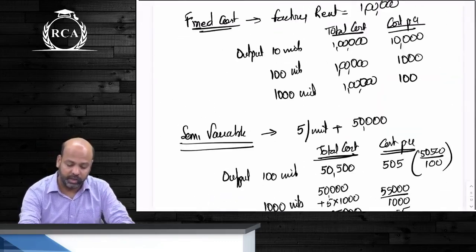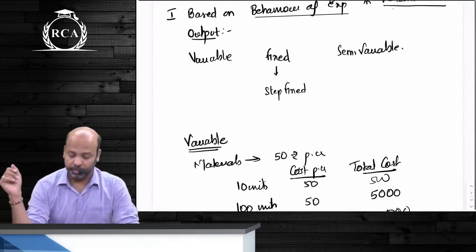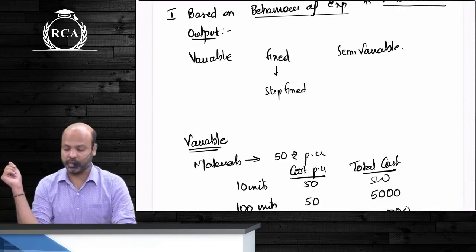Write down. First heading: classification of expenses, below that, based on behavior of expenditure in relation to output.